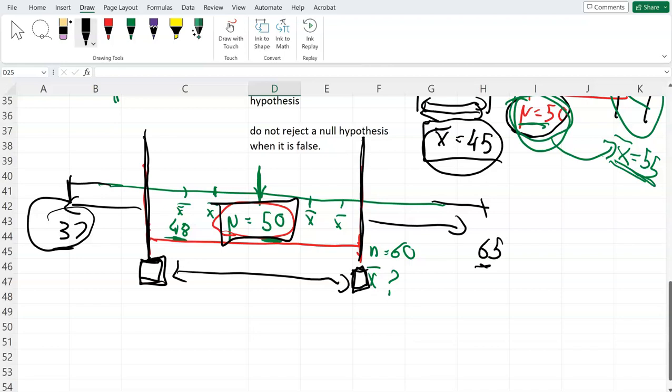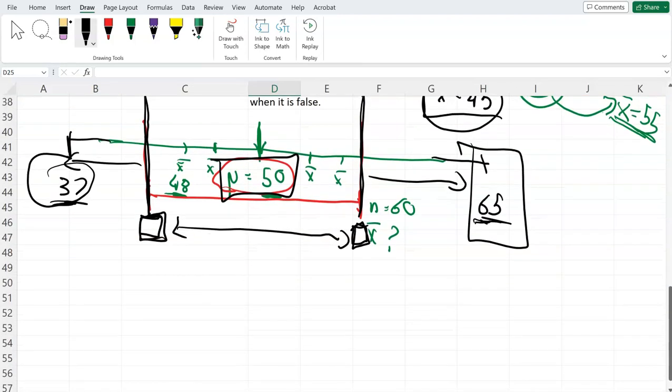So we will say this number is probably the new population mean, because the probability of getting this is very low. From here we can calculate the probabilities.